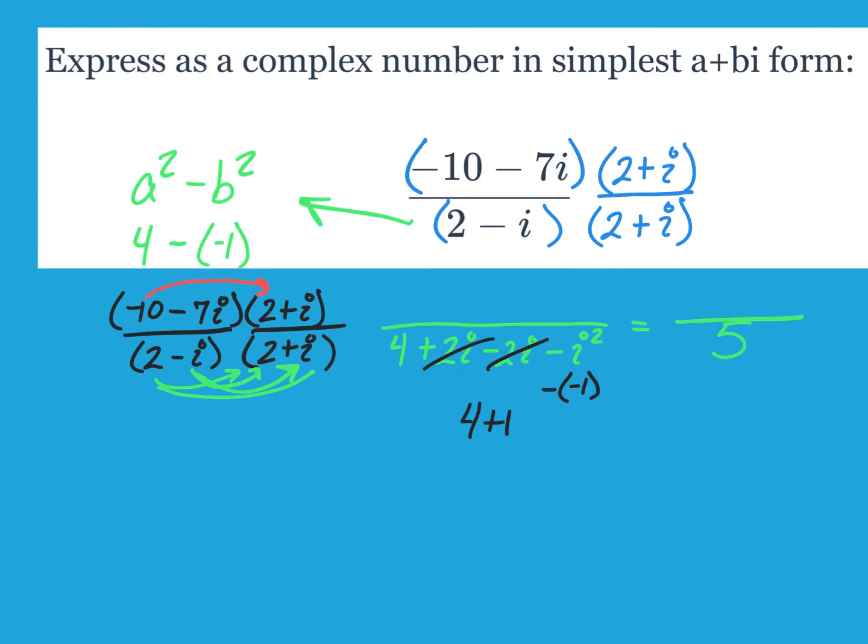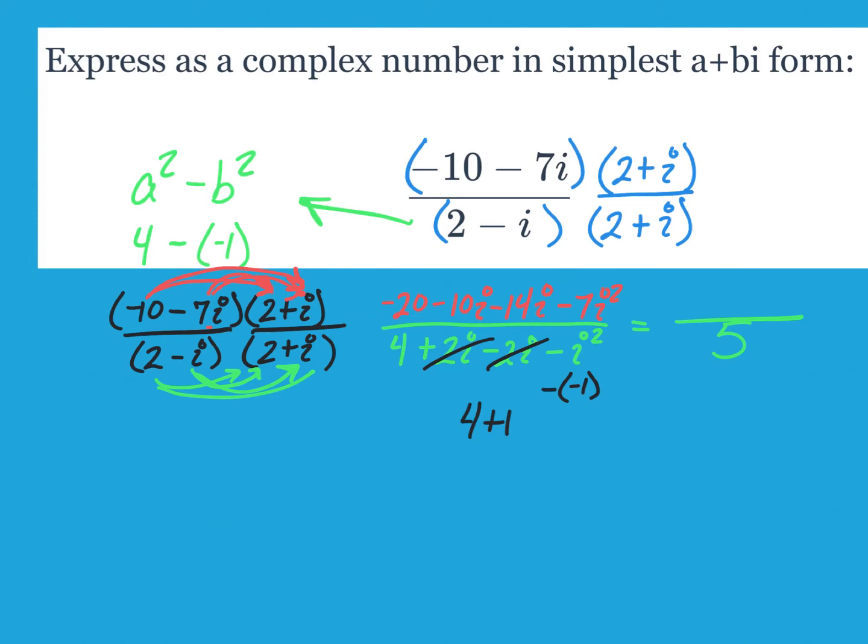We are not multiplying conjugates here, so we will have some i's left, but that's not a problem. i's are not a problem. i's in the denominator are a problem. So now I go to the negative 7 times 2, which is negative 14i. And then negative 7i times i is negative 7i squared.